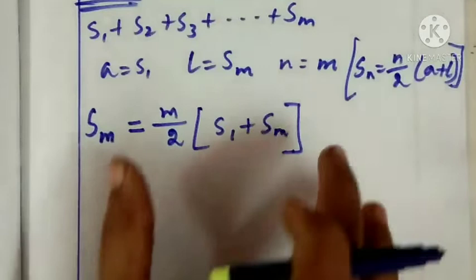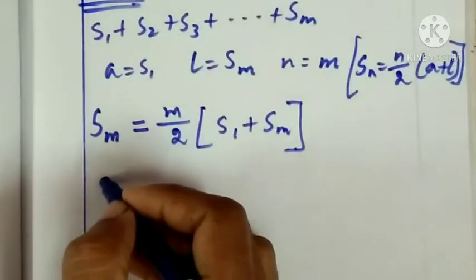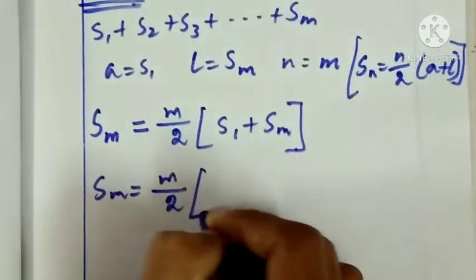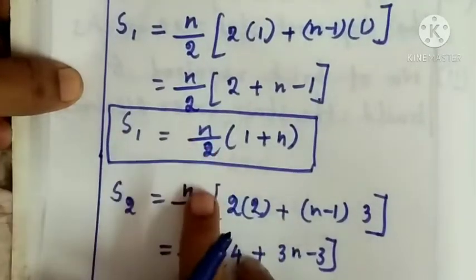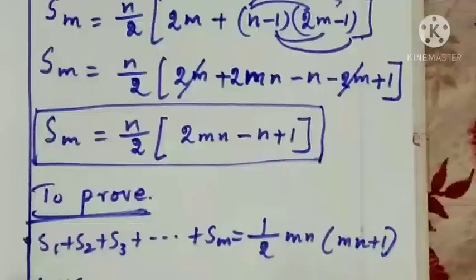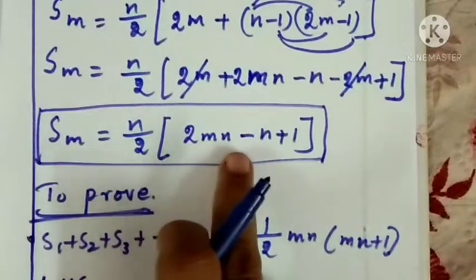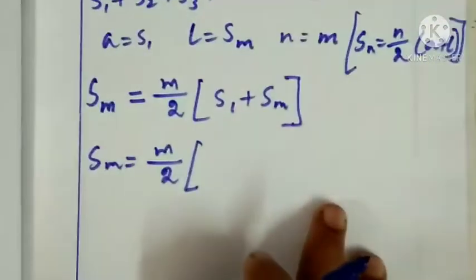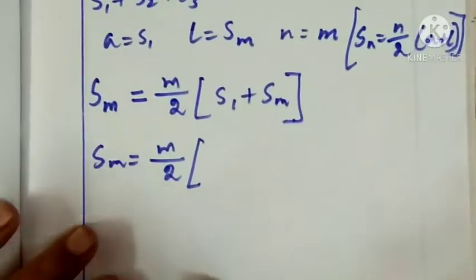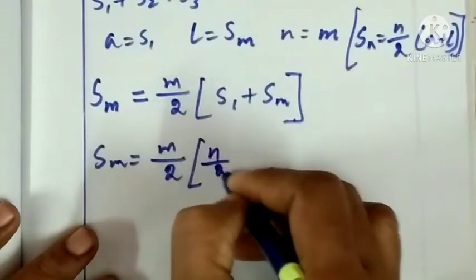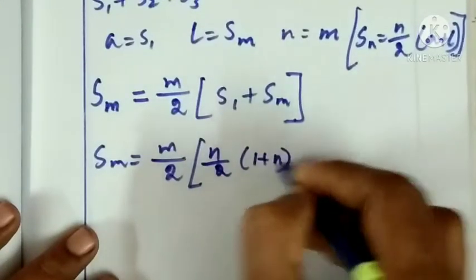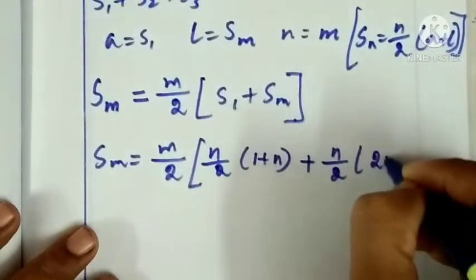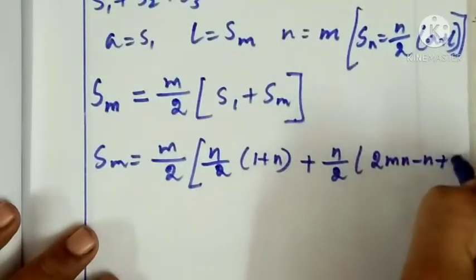By the previous step value, we have S1 is equal to n by 2 into 1 plus n, and Sm is equal to n by 2 into 2m minus n plus 1. That is, n by 2 into 1 plus n plus n by 2 into 2mn minus n plus 1.